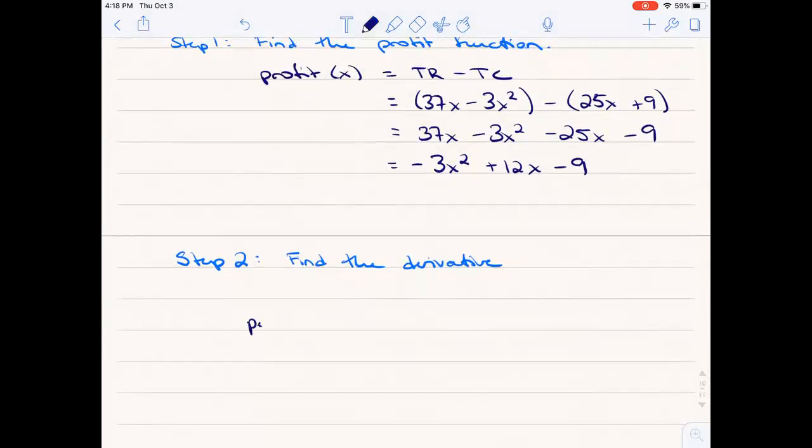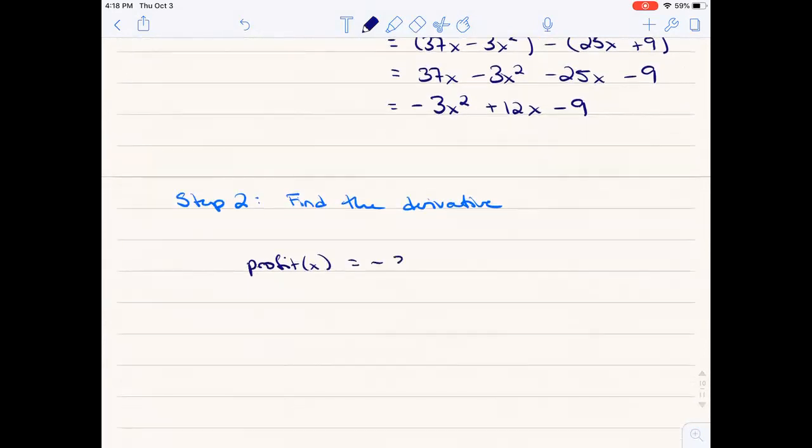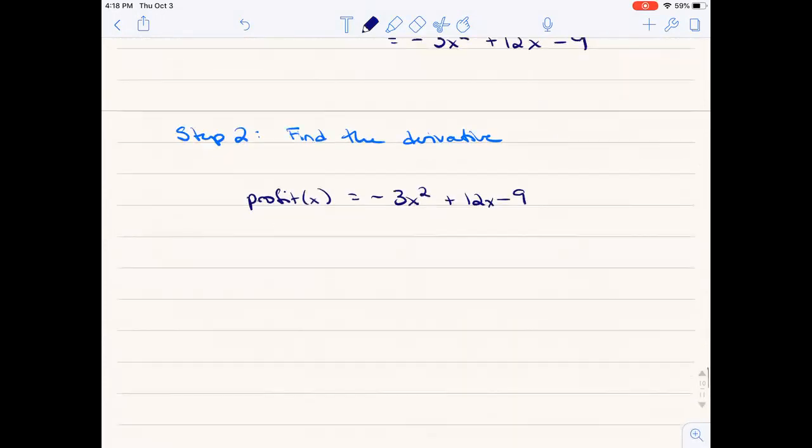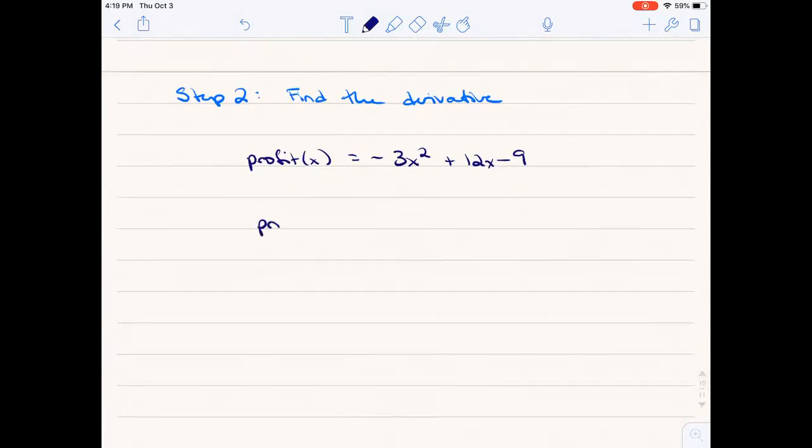So we've got the profit of x, just so we have the original one up here, is negative 3x squared plus 12x minus 9. So profit prime of x, the derivative of the profit function, is negative 3 times 2x to the 2 minus 1.